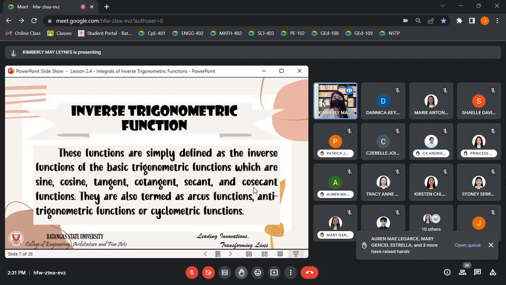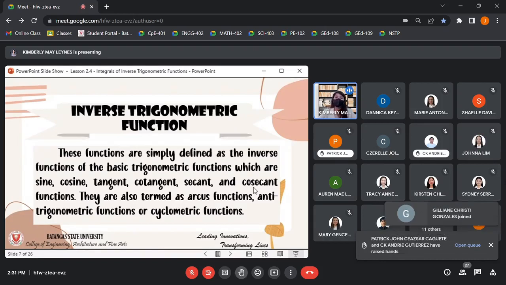They are also termed as the Arcus functions, the anti-trigonometric functions, or the cyclometric function. So sabi natin dito, inverse sila. So makikita natin yung sine natin naka-raise sa -1, cosine naka-raise sa -1, cotangent naka-raise sa -1, which indicate that they are the inverses of our trigonometric functions.